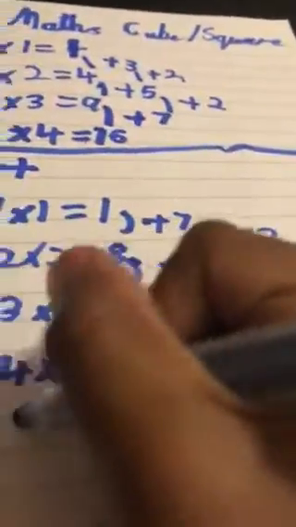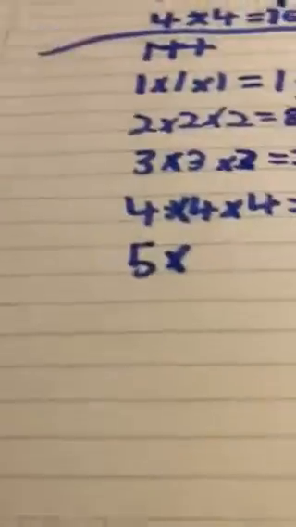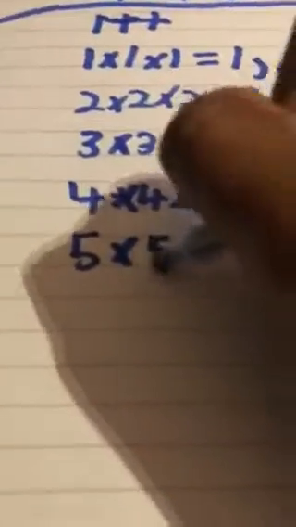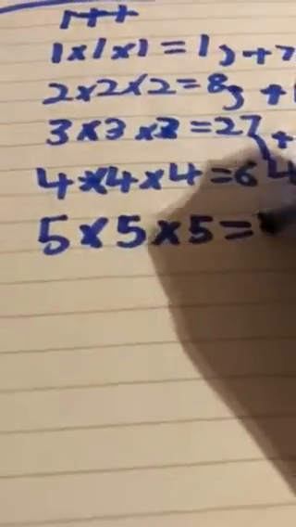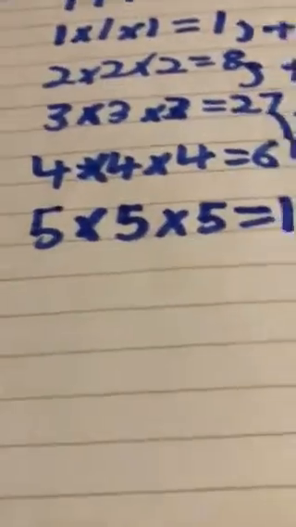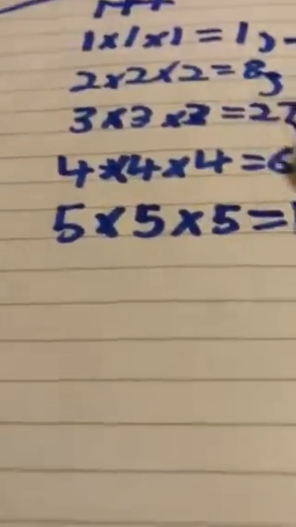So 5 times 5 times 5 equals 125. I know these off by heart, but I just want to show you how to get this more easily, so you can do this again and again to other numbers.